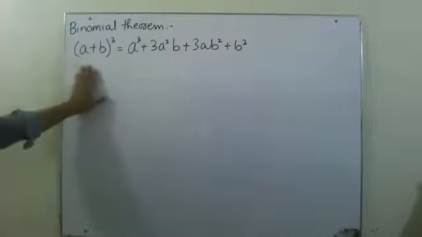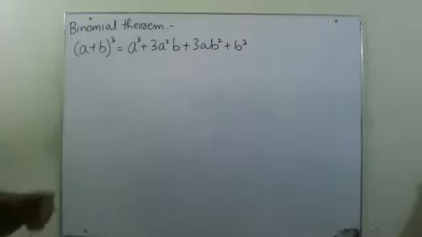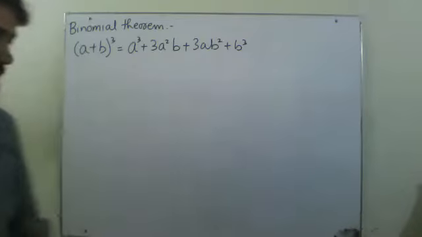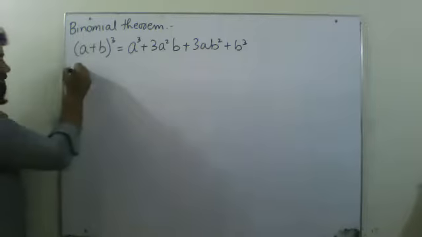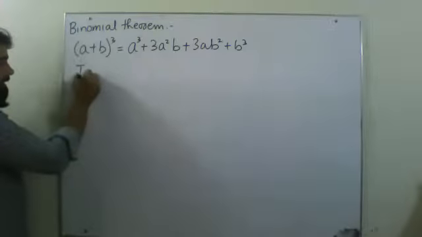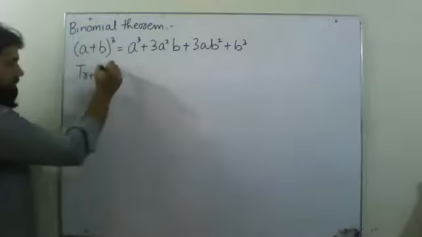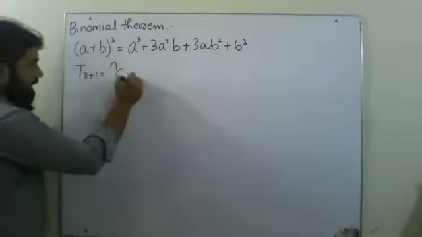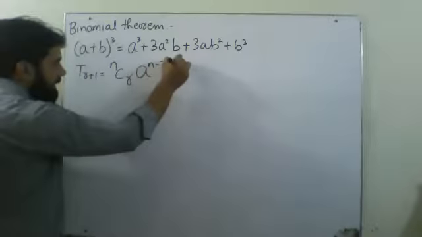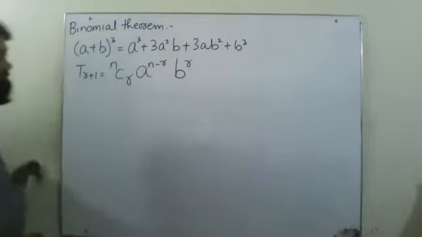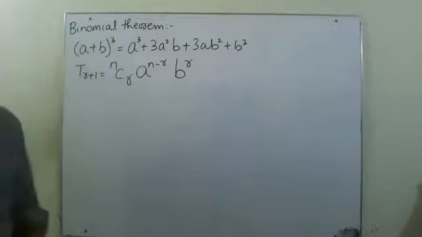So now, with the help of this example, I am going to write a general formula. What is that general formula? The general formula of the binomial theorem is T(r+1) = nCr a^(n-r) b^r. This is my general formula.